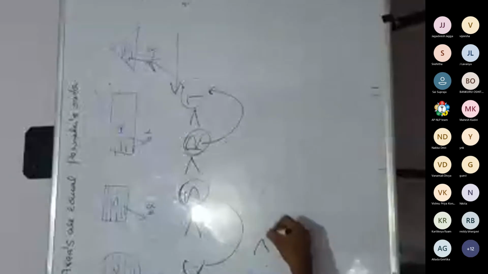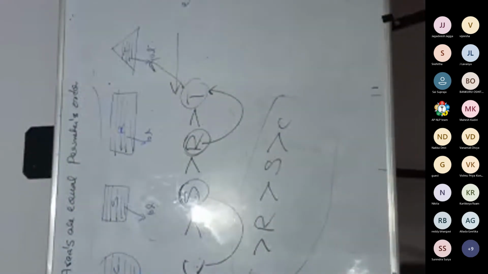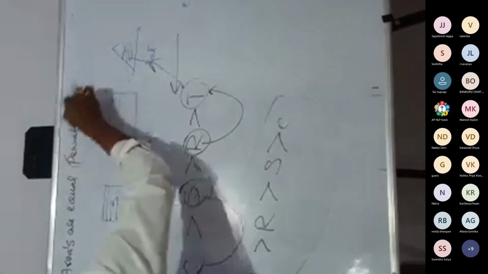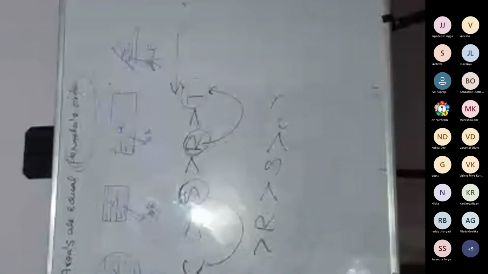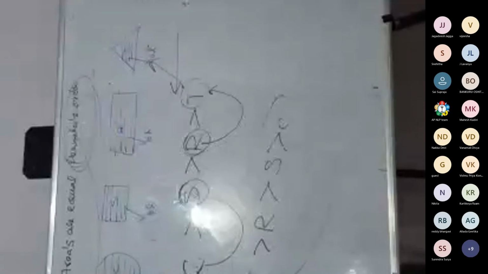If the areas are equal, what is the order of perimeters? It is quite the reverse of this concept: T greater than R greater than S greater than C. If the areas are equal, the perimeters order is T greater than R greater than S greater than C.